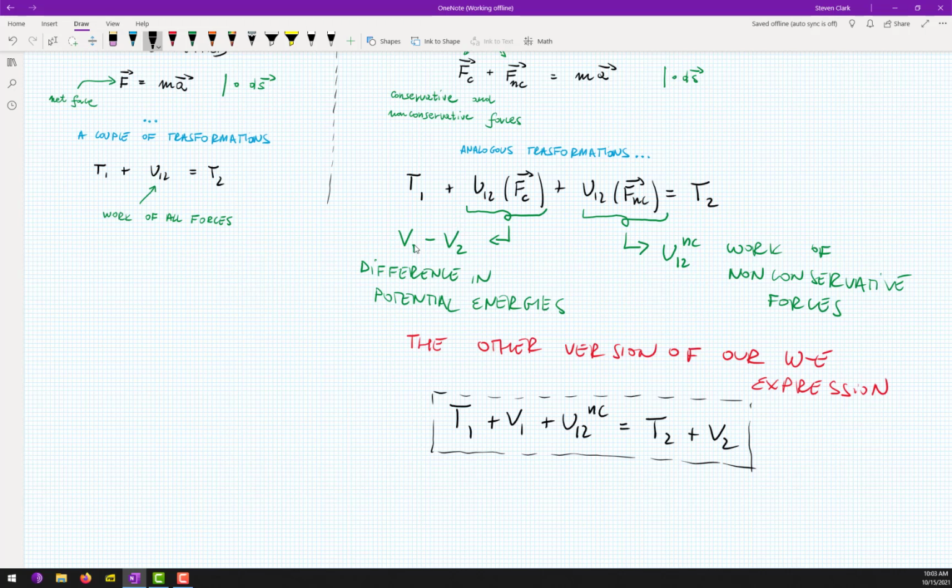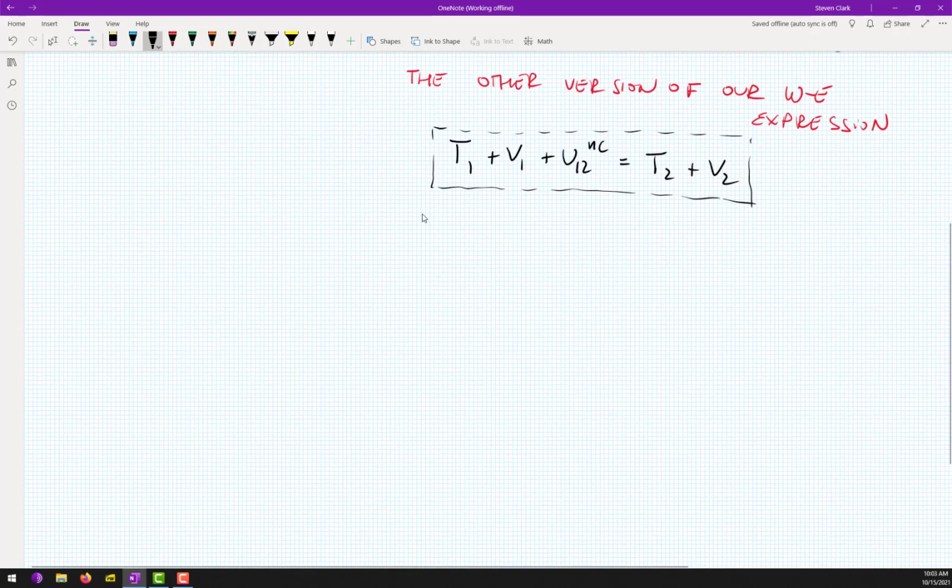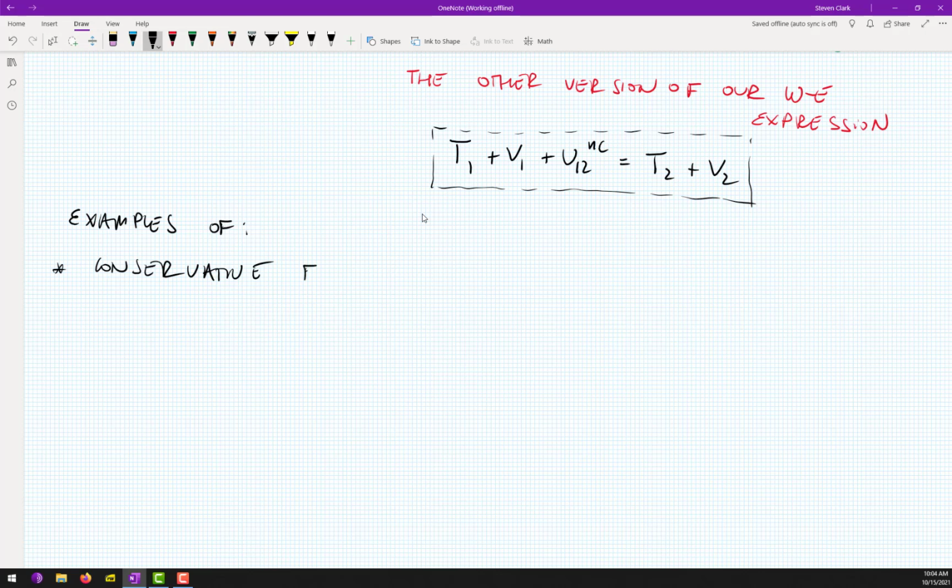All right, so maybe you can give me some examples of conservative and non-conservative forces. Let's start with conservative forces. Let's make a table.